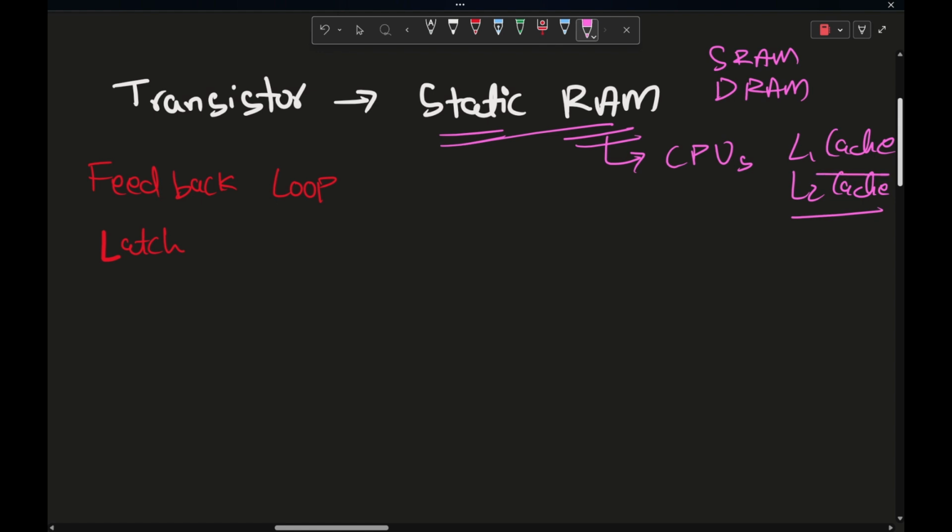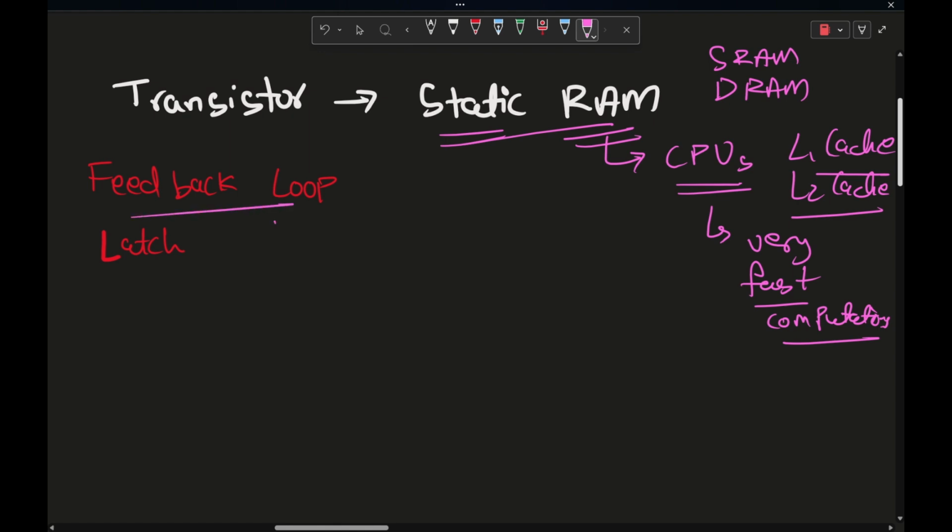For those who are not aware, this is the memory which is connected to the most basic part of the CPU, and it is used for very fast computations because it is very fast and very efficient. So let us understand what this feedback loop is.